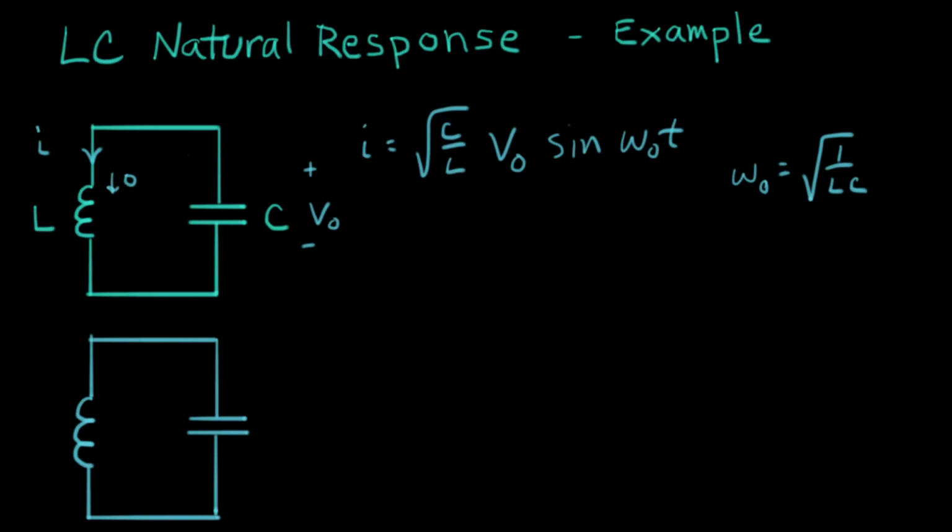So what I want to do now is a specific example, and we'll do that down here. First, I'm going to install a switch into our circuit so that we can add some energy and it won't go anywhere. Then C is going to be equal to 1/4 of a farad, and L is going to be equal to 1 Henry.